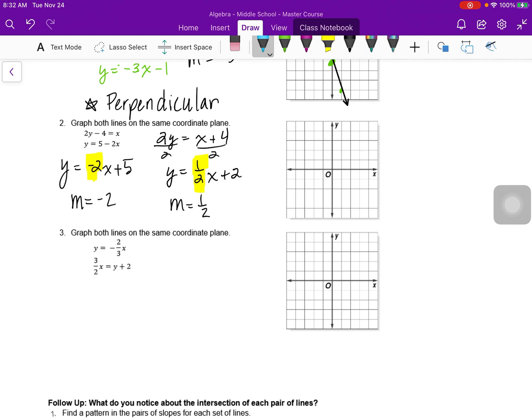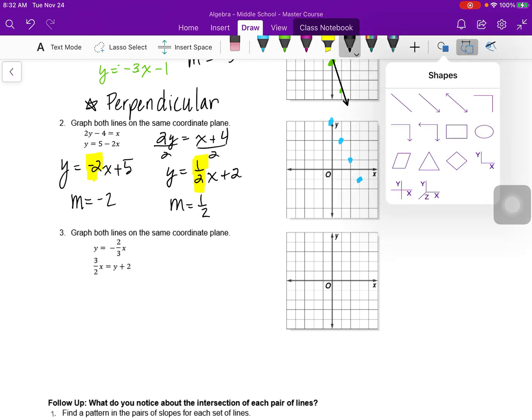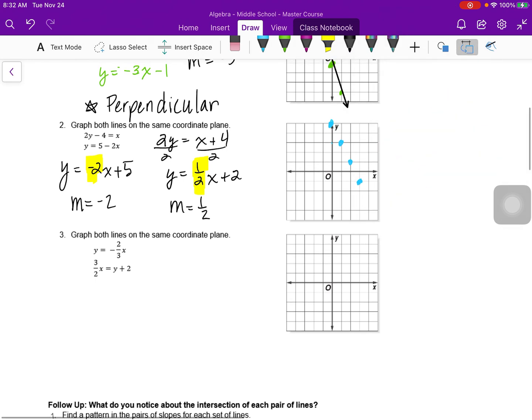So I'm going to graph the first one. I'm going to plot a point at 5. My slope is 2. Oh no, it's negative 2, so I'm good here. So down 2 over 1, down 2 over 1. I can keep going and following that line, and then I'm going to grab my line tool here and graph that line.